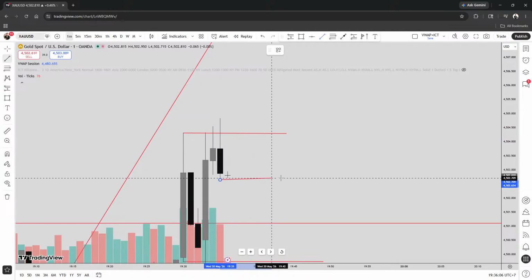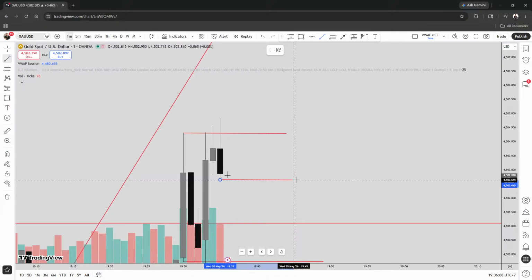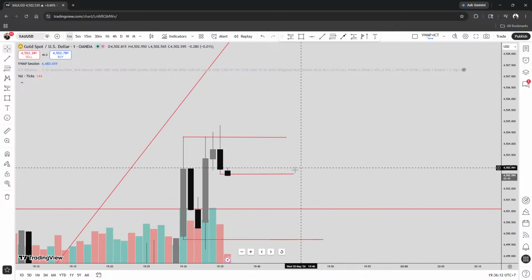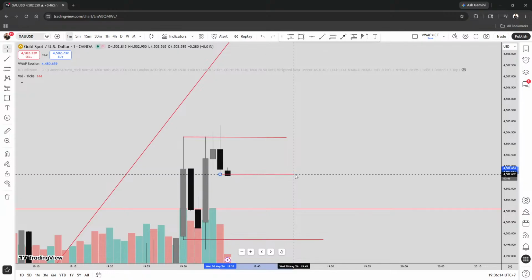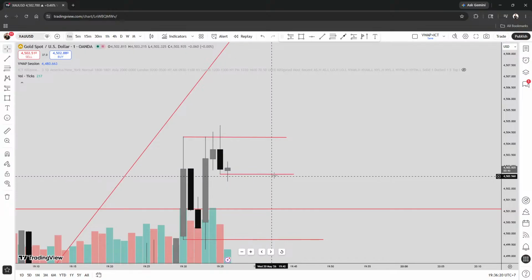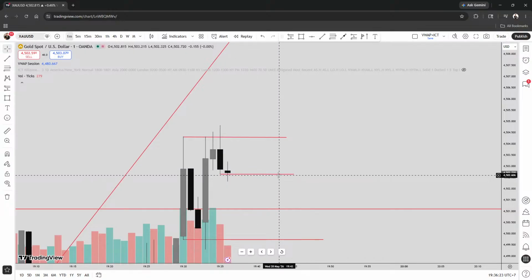This is the low. We just have to wait until a candle closes below this level I just drew.